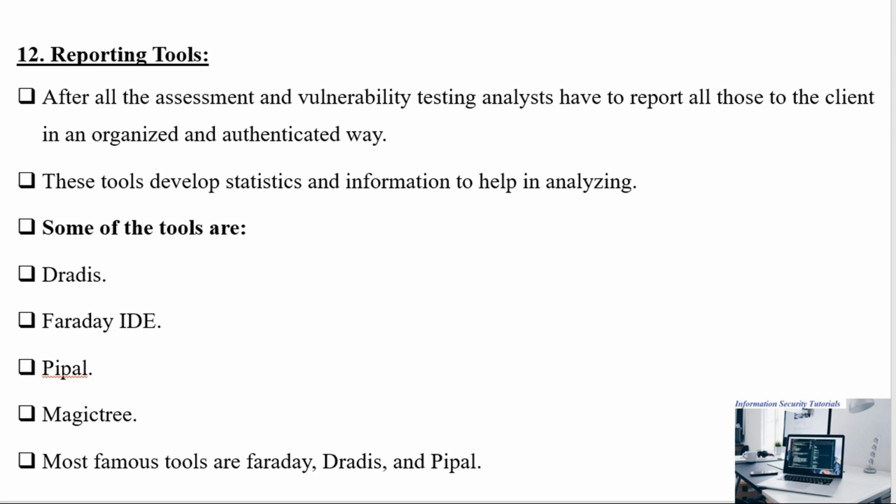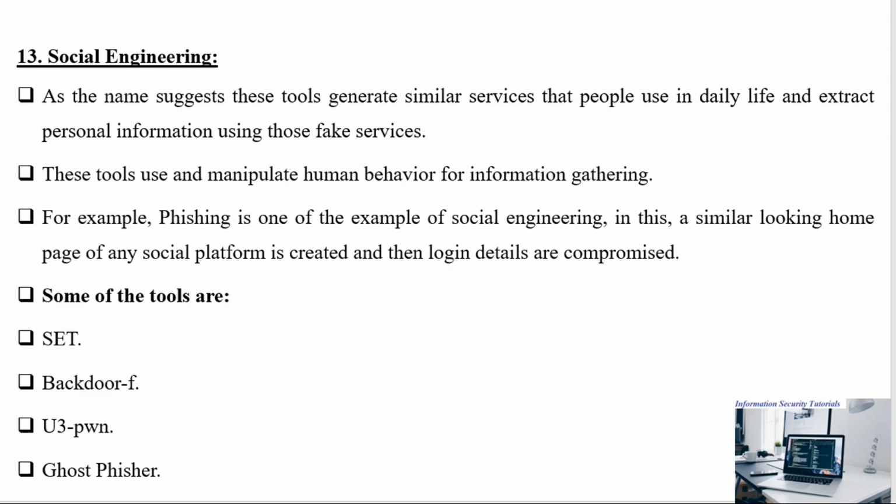One of the most common attacks nowadays is social engineering attacks. And Kali Linux has a special category for social engineering tools. As the name suggests, these tools generate similar services that people use in daily life and extract personal information using those fake services. These tools use and manipulate human behavior for information gathering.